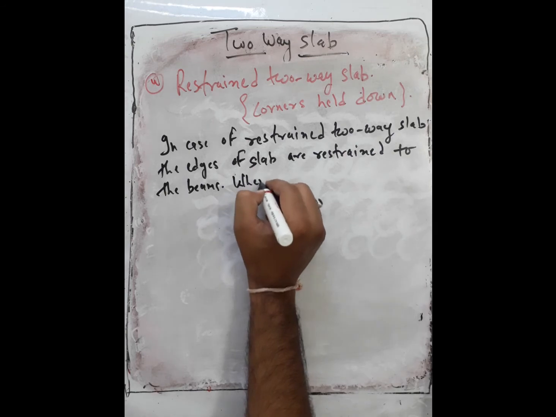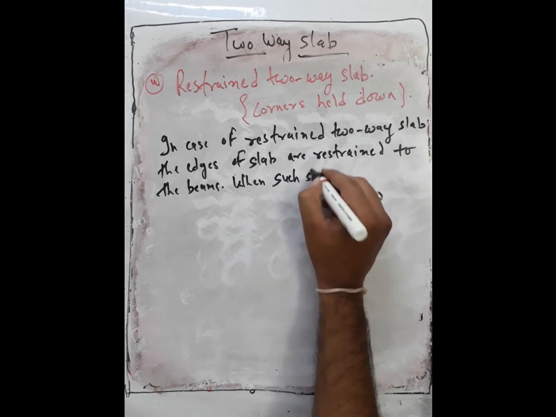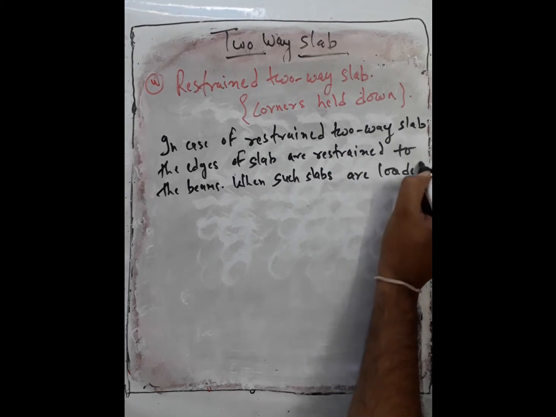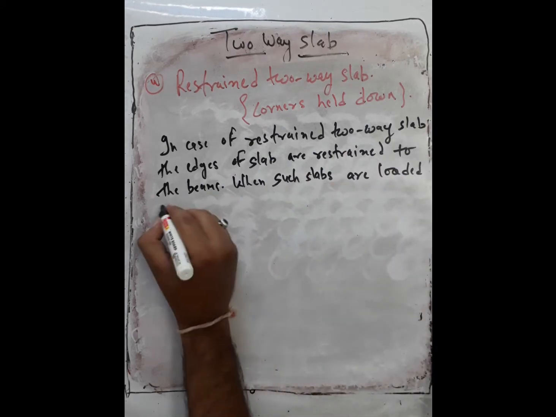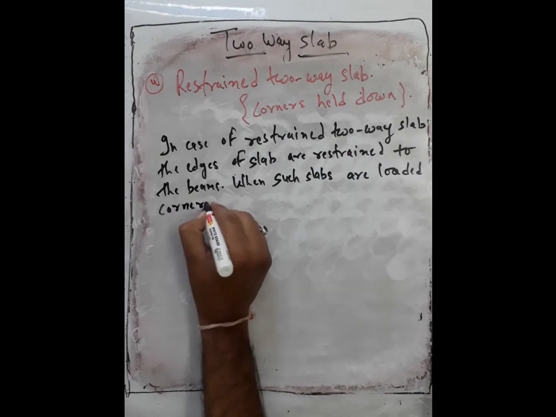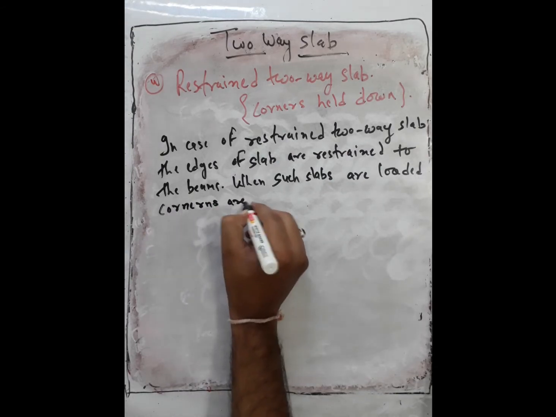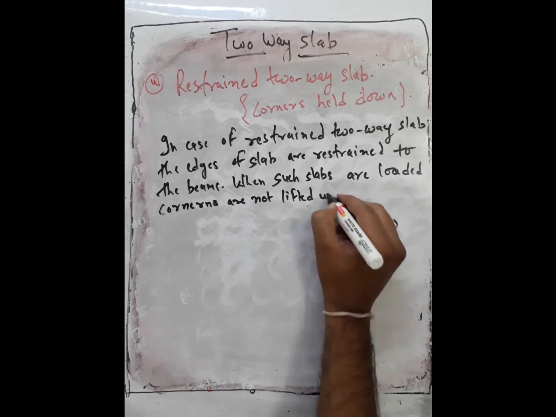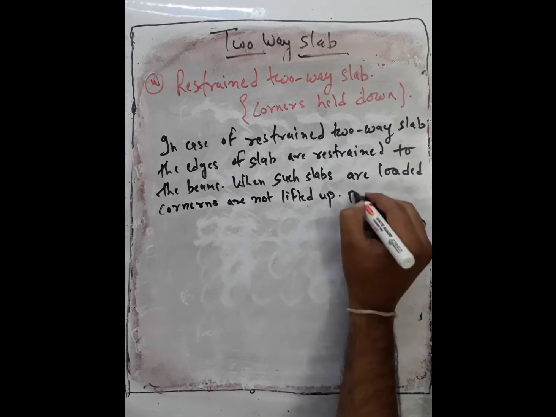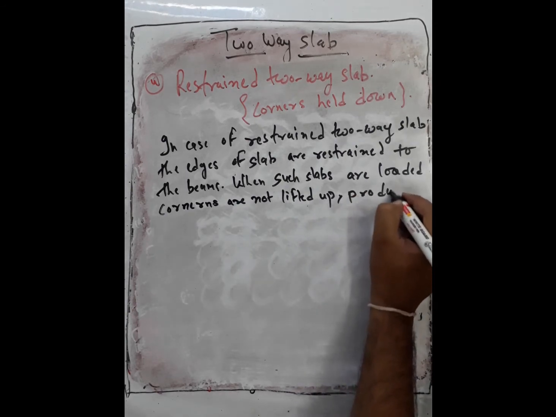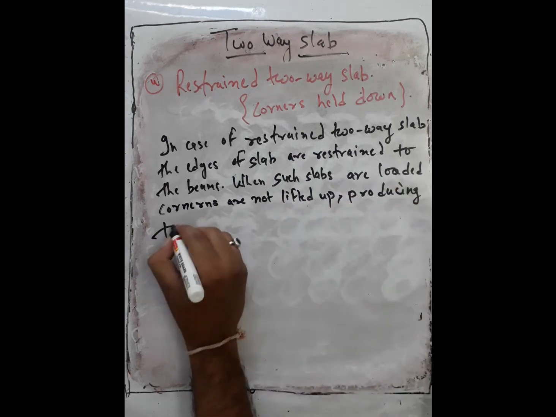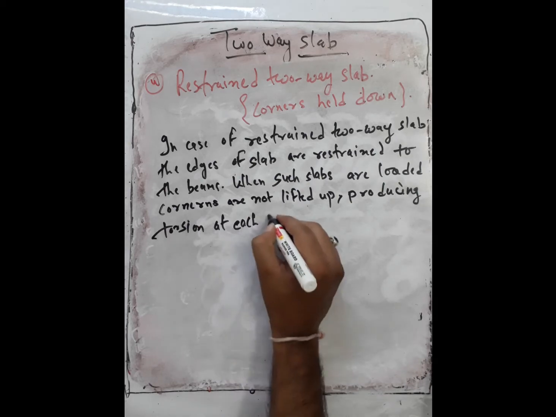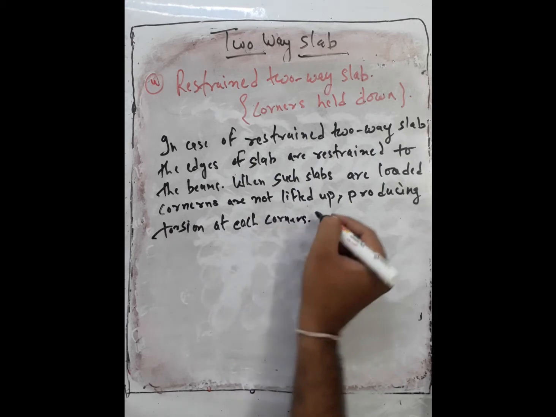When such slabs are loaded, the corners are not lifted up, so producing torsion at each corner.